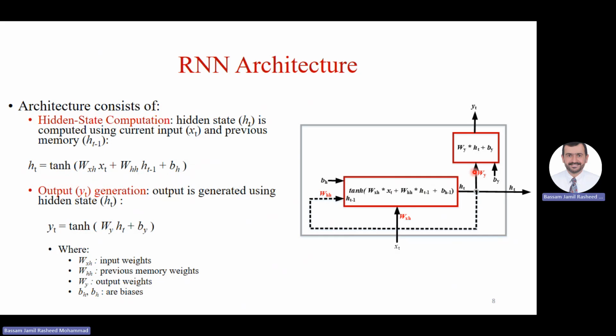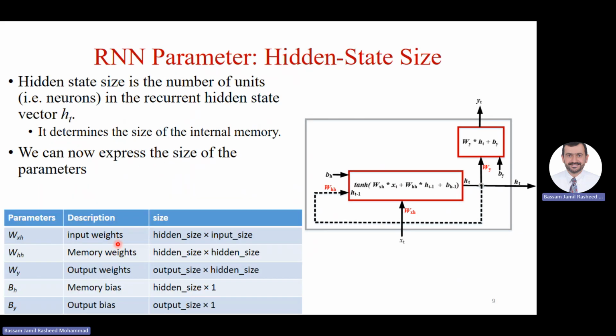And the second component in this architecture is the neuron that computes the output, right? A key question here: what is the hidden state size? I think we alluded to this before. It can be 1 neuron, it can be multiple neurons, it can be 2 neurons, 8 neurons.